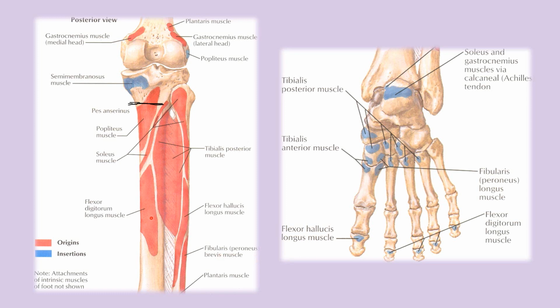Though the origin of the muscle is on the medial bone, the insertion is on the lateral 4 digits. Just like that, flexor hallucis longus takes origin here, descends down medial to the calcaneum, and inserts on the plantar aspect of the base of the distal phalanx of the great toe. So though this muscle is on the lateral aspect, the insertion is on the medial finger.